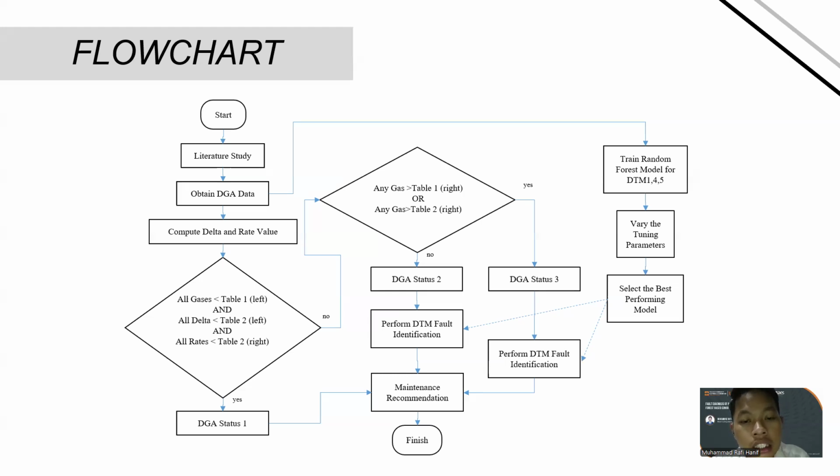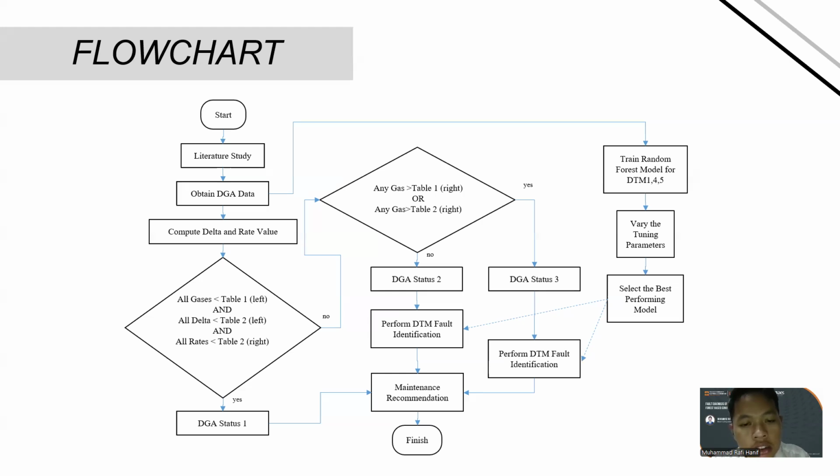If any case leads to Table 1 or any case leads to Table 2, if it is yes, the transformer will get the condition as DGA status 3. And if it is no, the transformer will get the condition as DGA status 2.